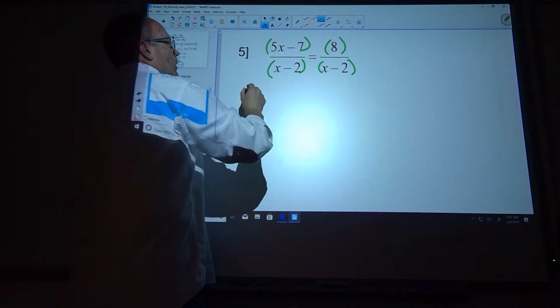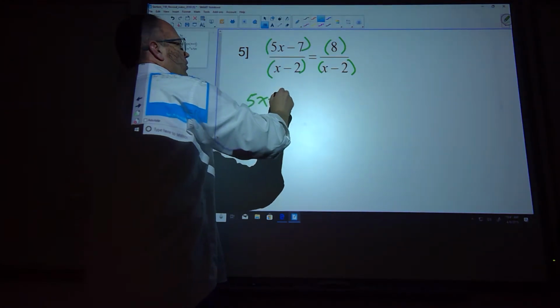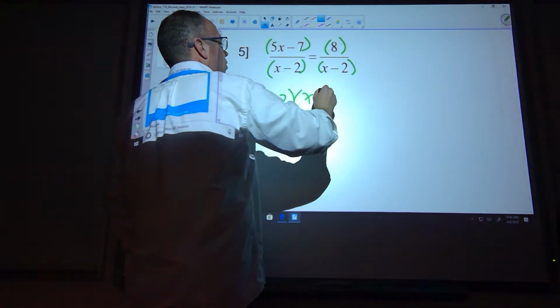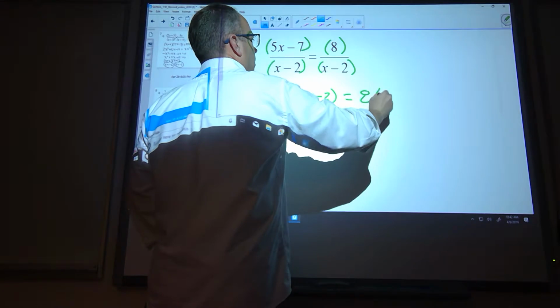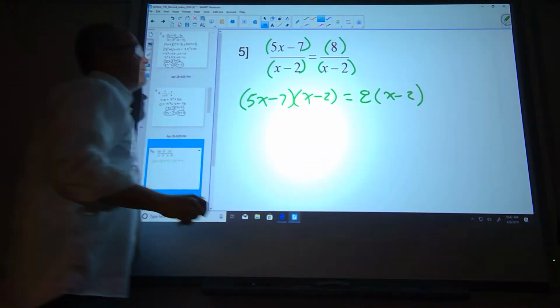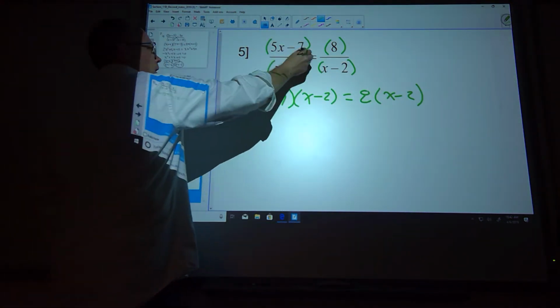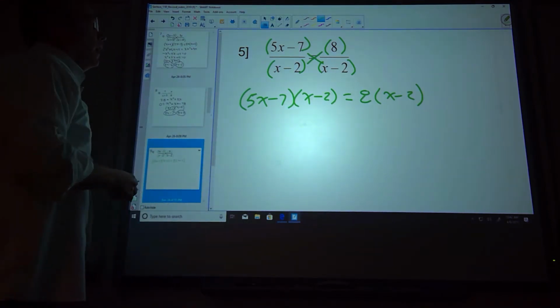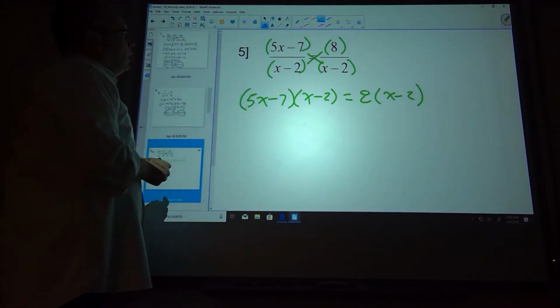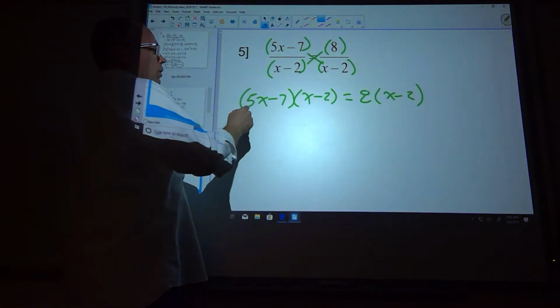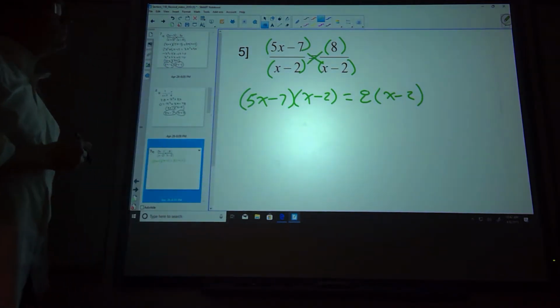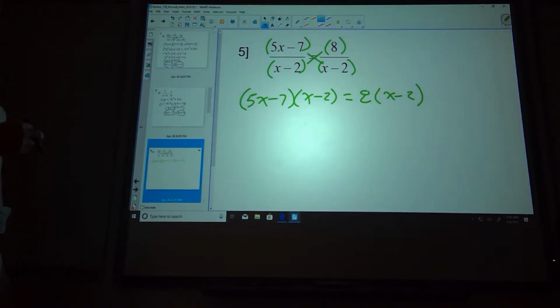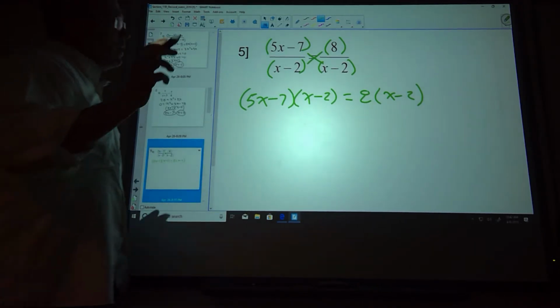Okay. So 5x minus 7 times x minus 2 equals 8 times x minus 2. Agree? So that was going from here to here. Could you cancel out the x minus 2? I was just thinking that. Can I do that? So Sam, I'm going to hold on to that.